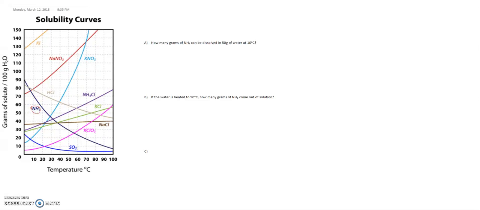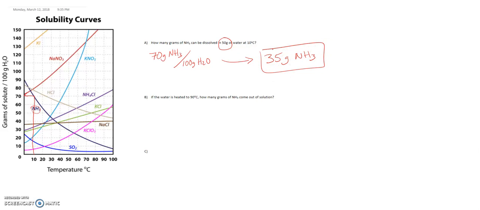At 10 degrees Celsius, if we follow 10 degrees up, hit our graph, and bring it over, we should be able to dissolve 70 grams of NH3 for every 100 grams of water we have. In this particular example, we've only got 50 grams of water, so how many grams of NH3 can we dissolve? Half: 35 grams of NH3.